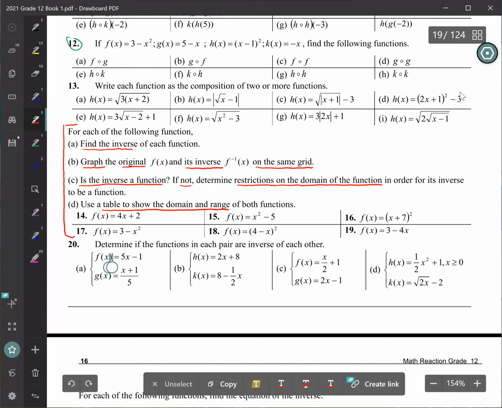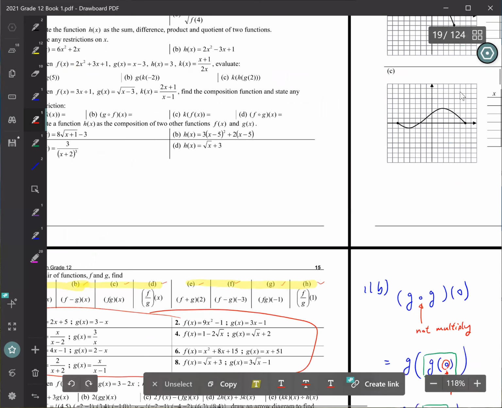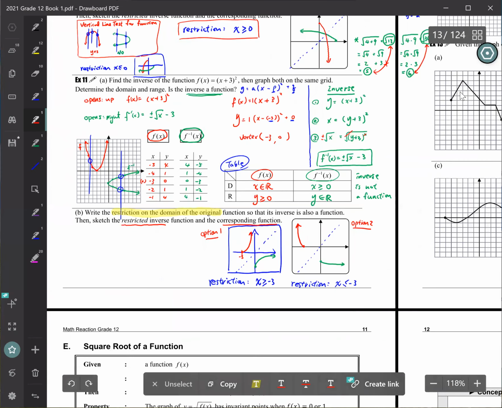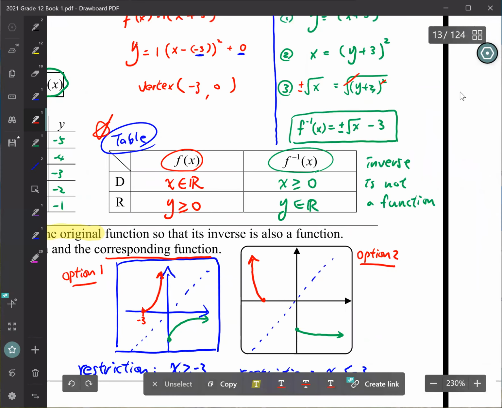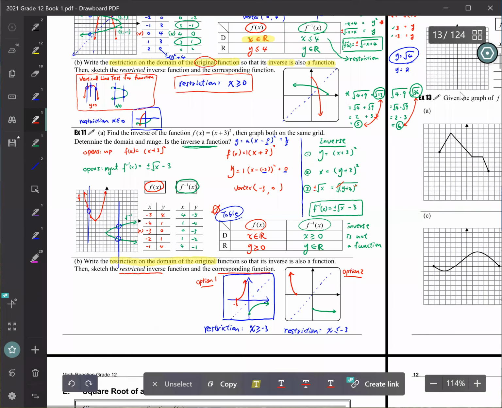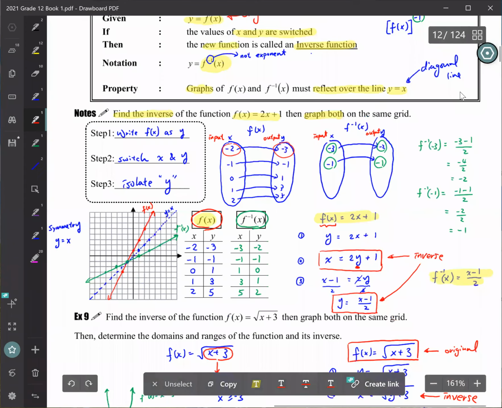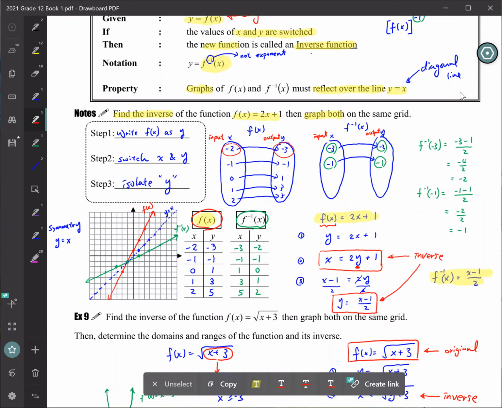Okay, the table is talking about this table that we did. Right here, this table. So if it's a straight line, then you need to look at the one we did at first, right? If it's a straight line, the inverse will still be a straight line.